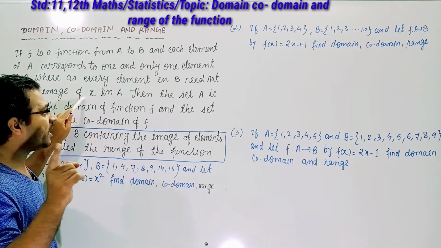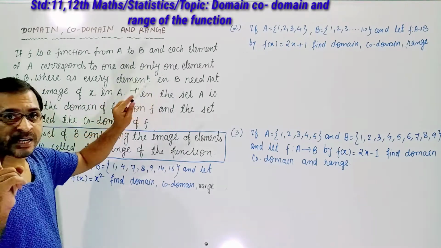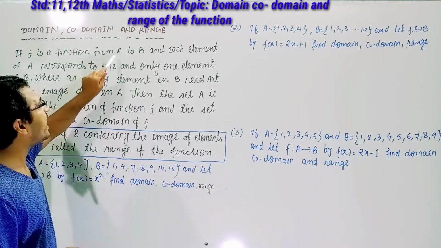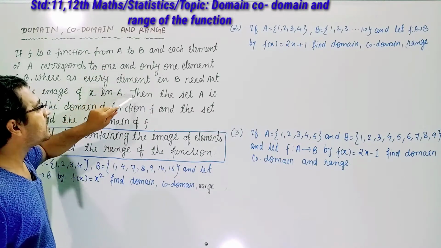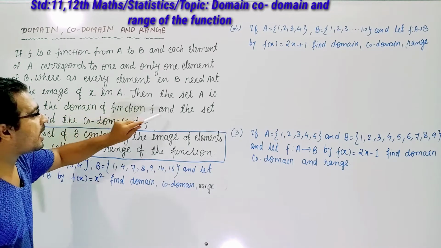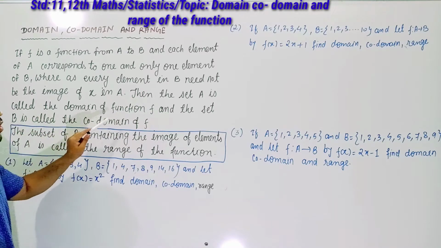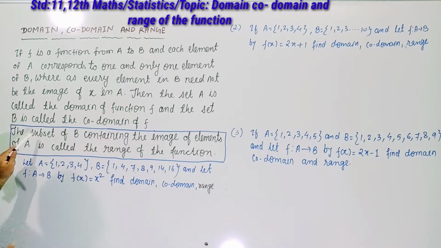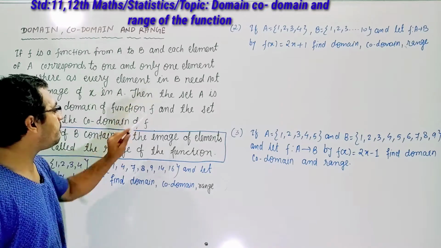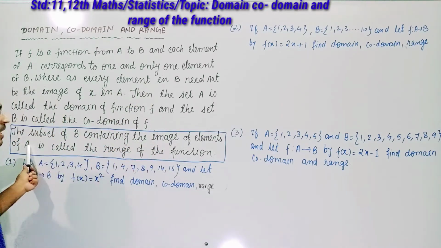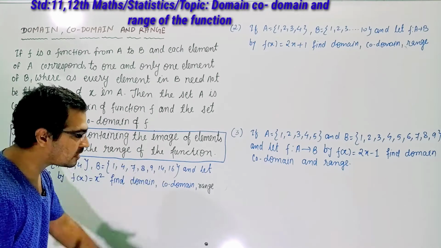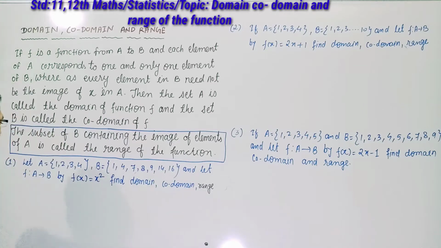Keep it in mind: every element of B need not be the image of x, where x is an element of A. Then the set A is called the domain of the function, the set B is called the codomain of the function, and the subset of B, the image of elements of A, is called the range of the function. Let us see these things with an example.